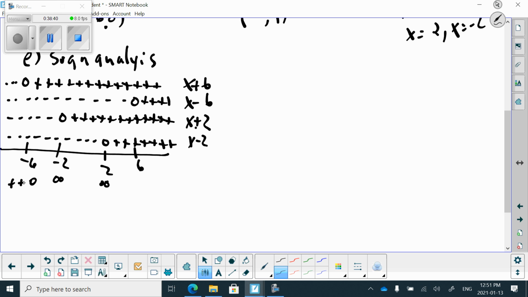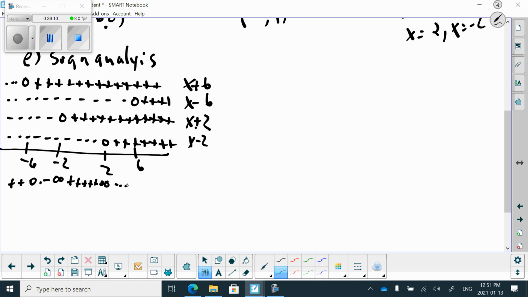And then between -6 and -2, it's going to be negative. And then we hit an asymptote, I guess. And then between -2 and 2, a positive times a negative times a positive times a negative is positive. And then from 2 to 6, negative.